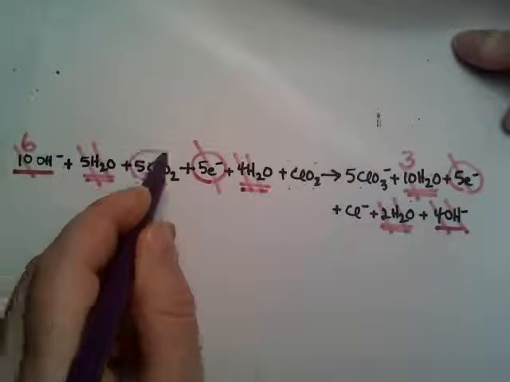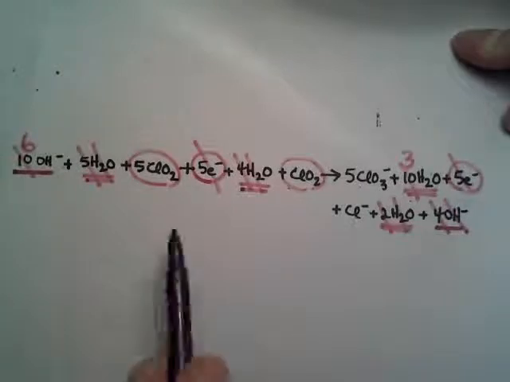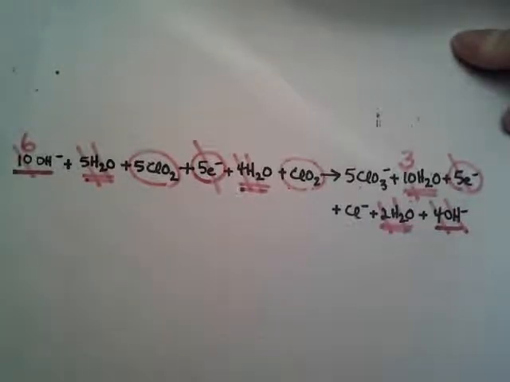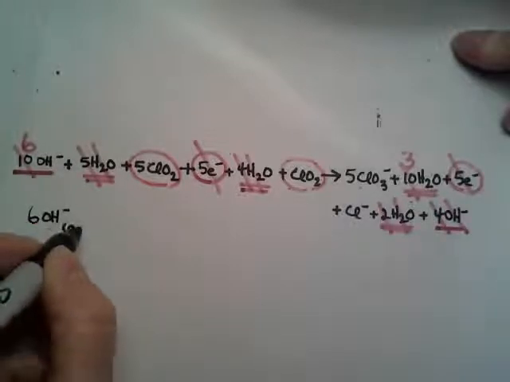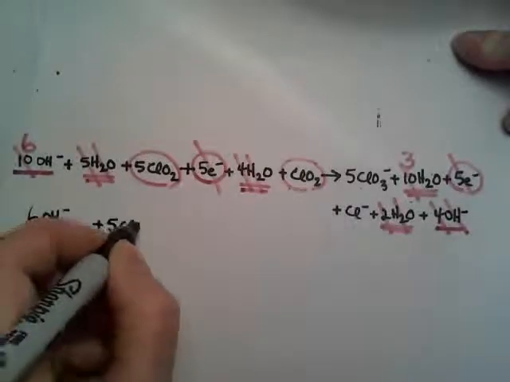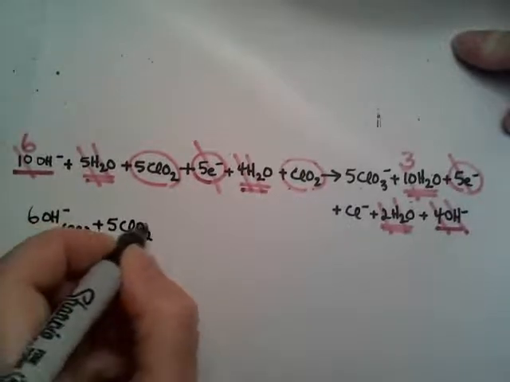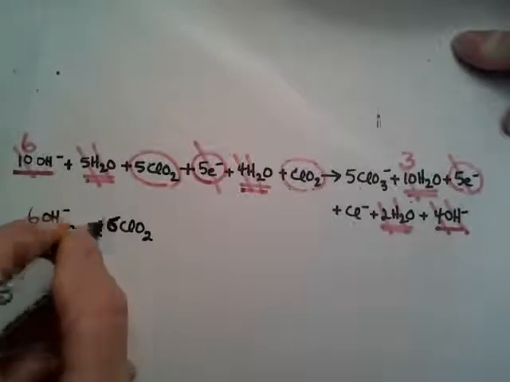And oh yeah, I have a 5 ClO2 and this ClO2, and that's because I had the same species being both reduced and oxidized, so that's why it's appearing twice on the left. So we'll just add those together. I think we're ready to write the net equation. 6 OH- aqueous plus 5 ClO2 plus this one, that's a 6.